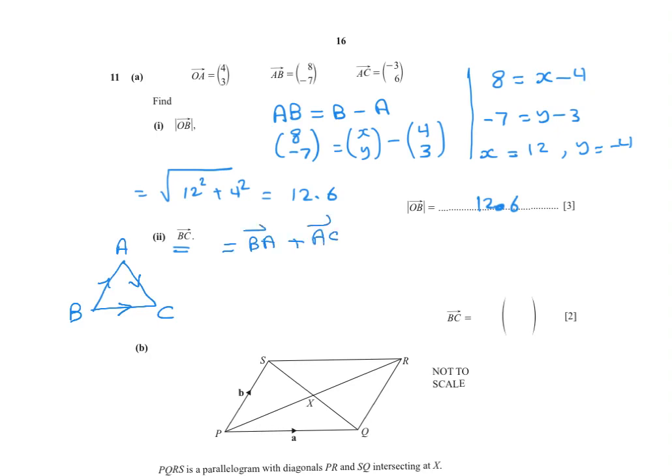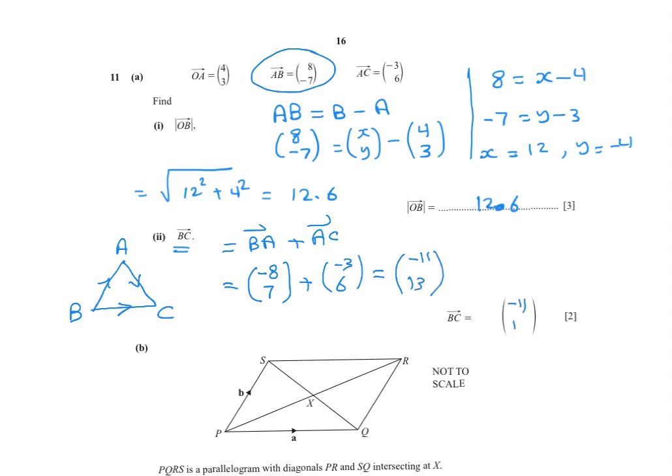We can deduce BA from AB. AB equals (8, negative 7). So BA equals (negative 8, 7) plus AC, which is (negative 3, 6). Then add, so (negative 11, 13).